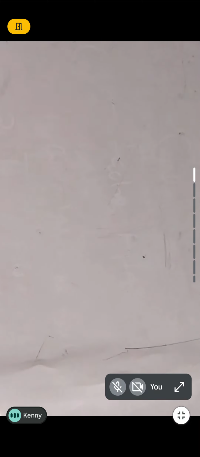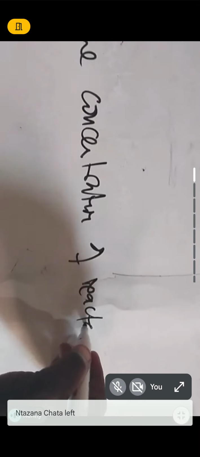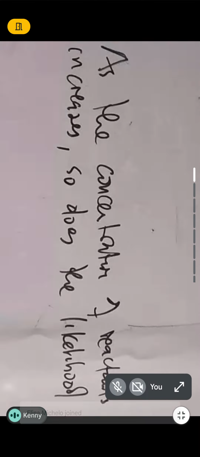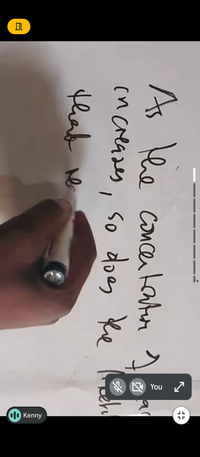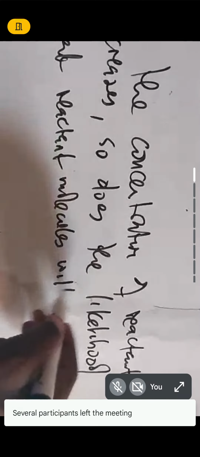As the concentration of the reactant increases, so does the likelihood that reactant molecules will collide.